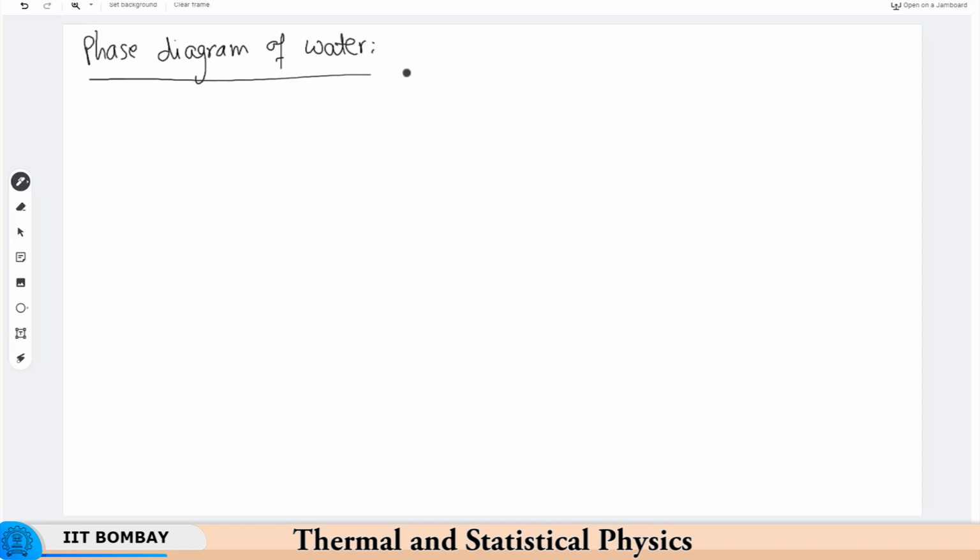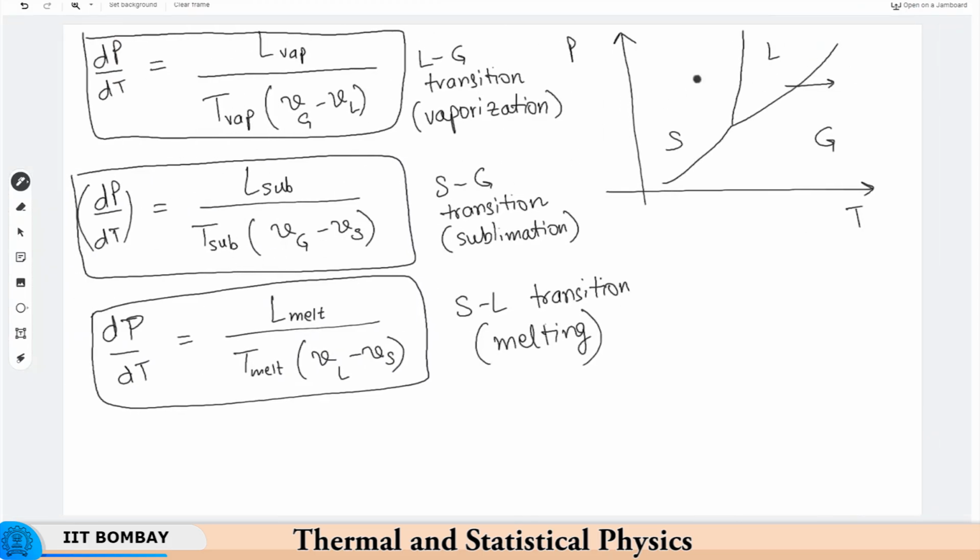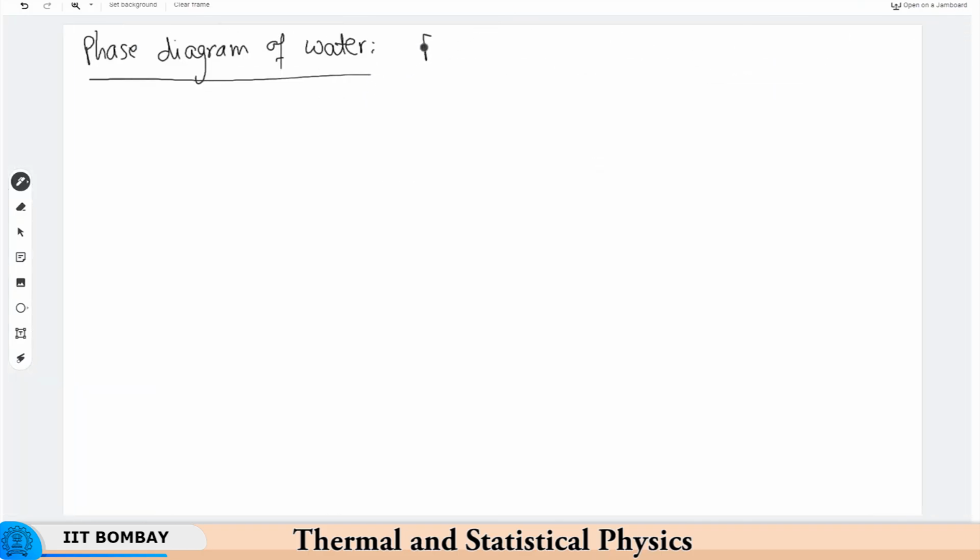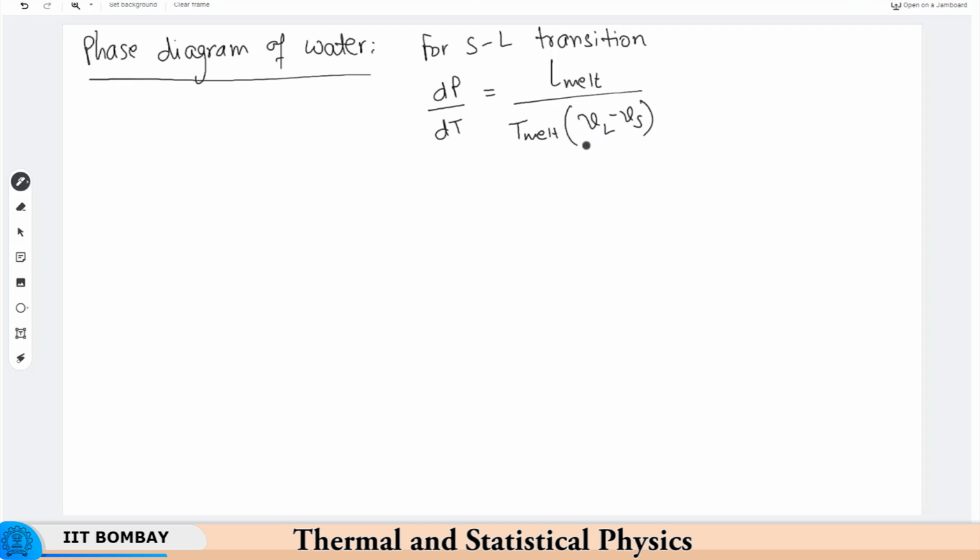Let us look at this equation again. For the solid to liquid transition, dP/dT equals L melting divided by T melting times V_L minus V_S. Now I want you to turn your attention to this quantity.